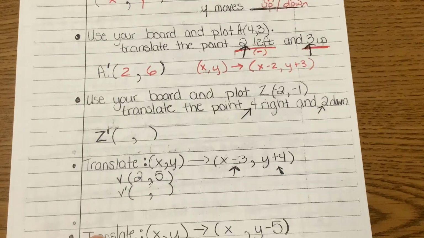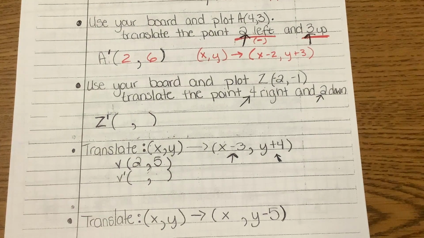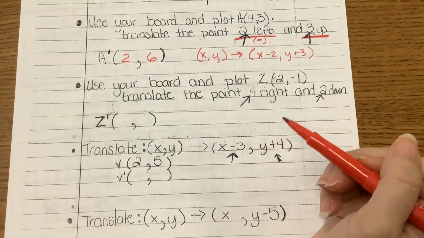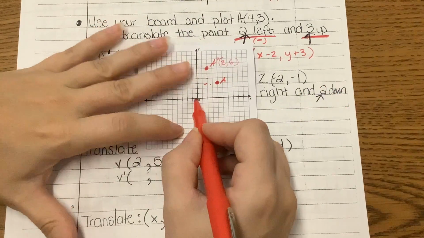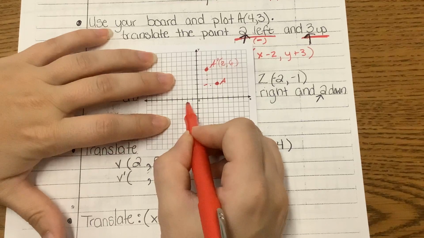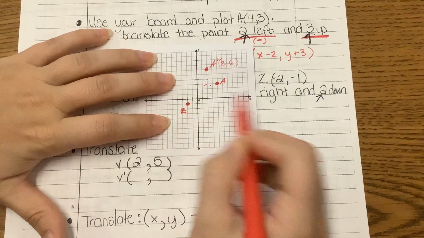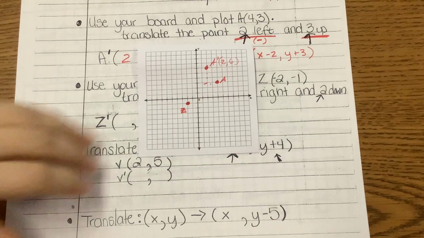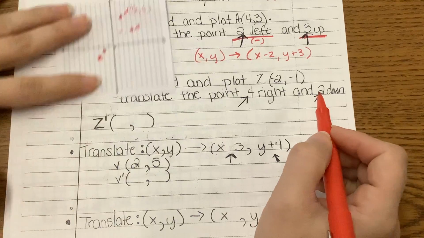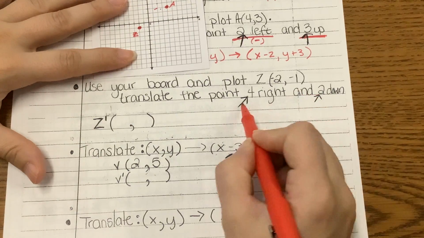Okay. So now the next example, we're going to plot this point, -2, -1. So put a point at -2, -1, and name it Z. Okay. And now what is it telling us to do? 4 right.